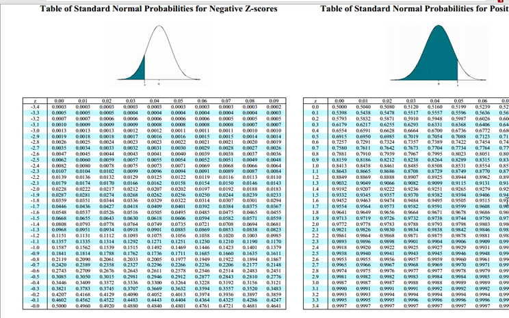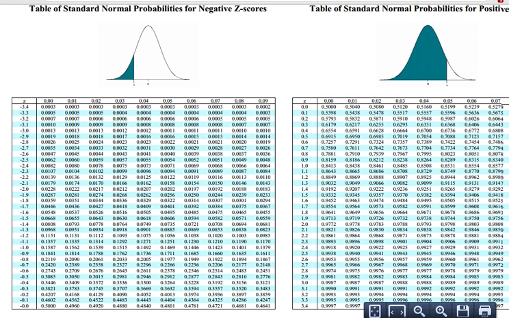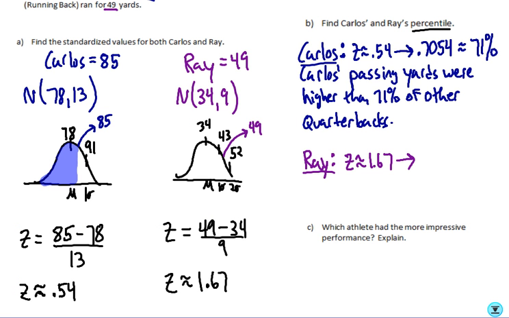And I get 0.9525, which is approximately 95%.